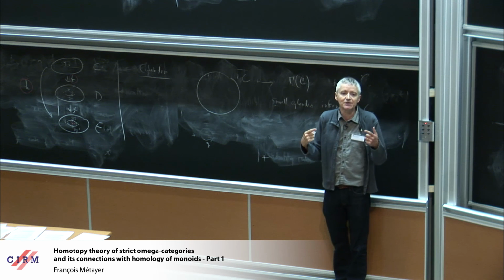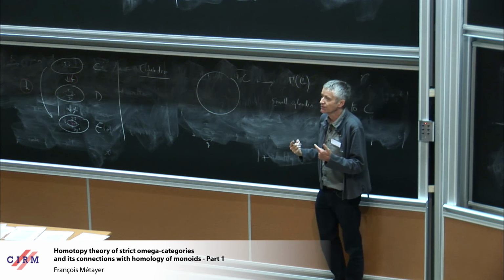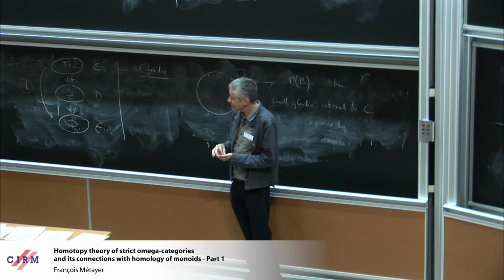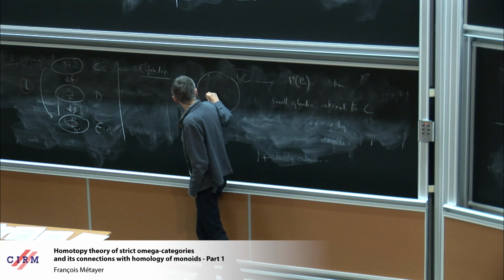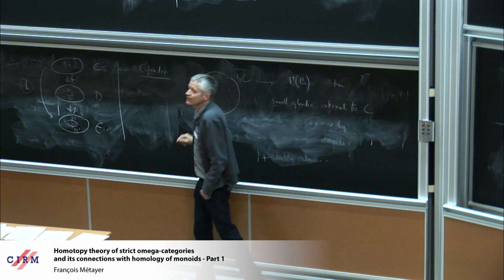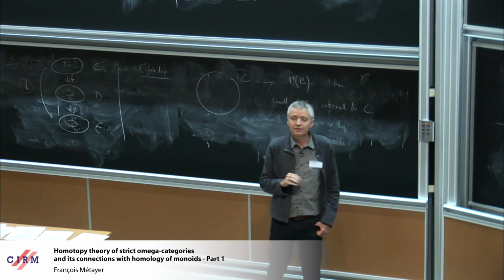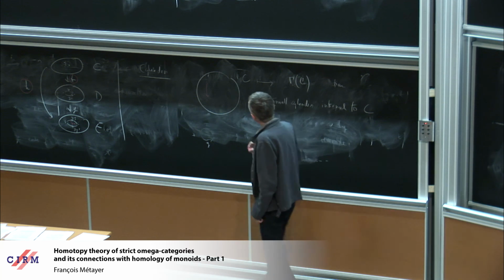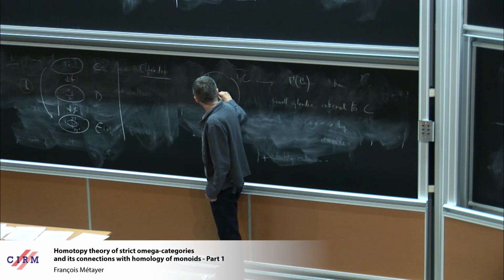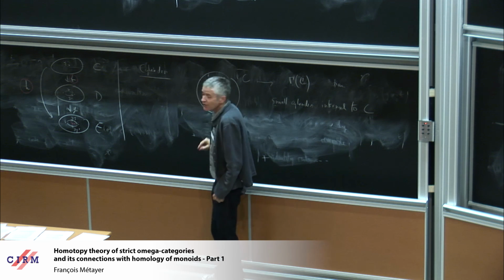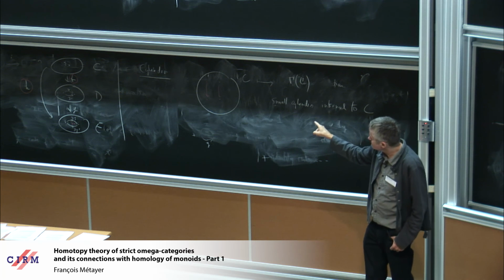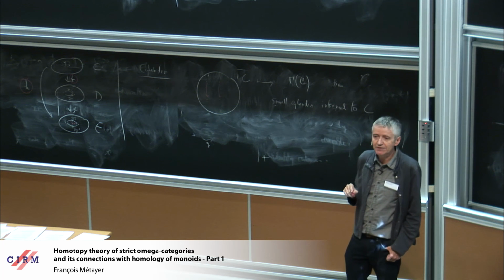So first you have to say what the cells are. What's a zero cylinder, for instance? A zero cylinder is simply a one cell in C. If you get two one cells, not parallel this time, you get two zero cylinders.